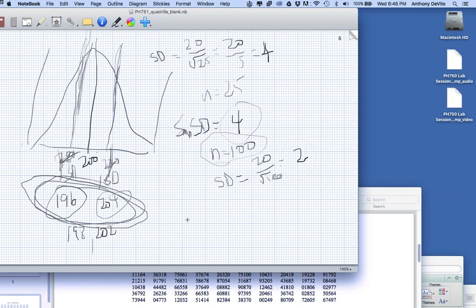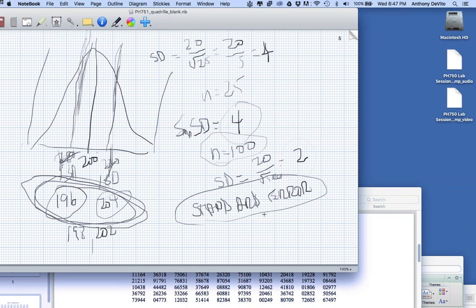That's the name we're going to assign to this. So from now on, when I say the standard error, you know I'm talking about the distribution of means from samples of a certain size, repeatedly sampling a population with that size sample. If I talk about standard deviation, I'm probably talking about either an individual sample or the population.